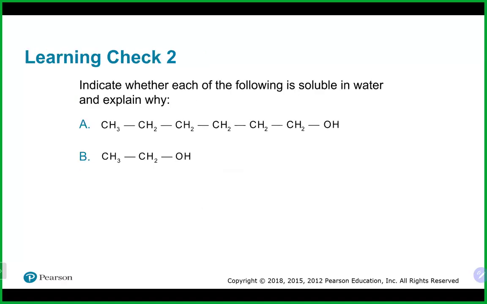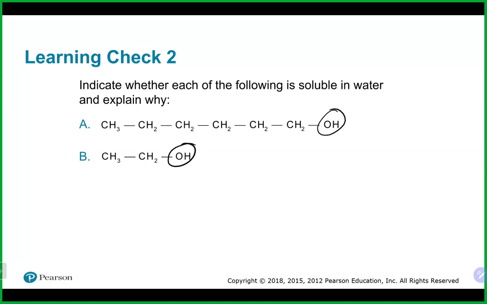All right, so take a second for each of these, and decide whether they should be soluble in water or not. OH groups, so there should be some interaction it could do with water.